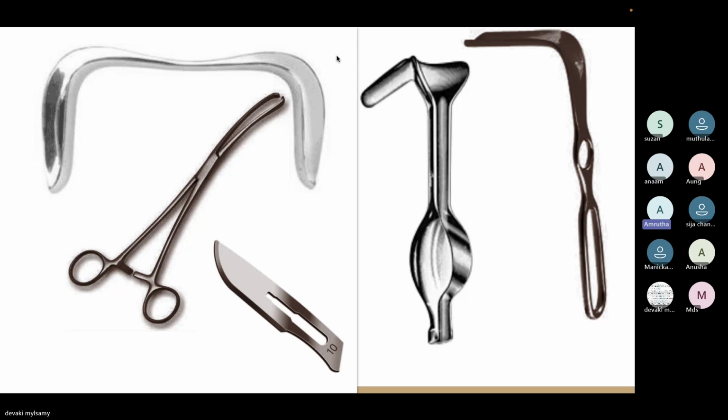tubo-ovarian ligaments will be accessed, clamped, cut, and ligated. If the ovaries are to be retained, the tubo-ovarian ligament will be clamped.